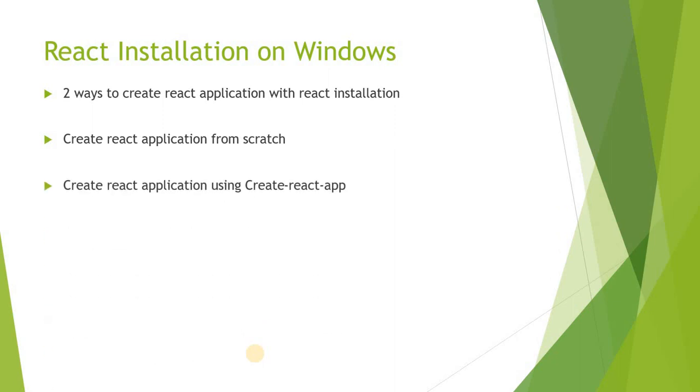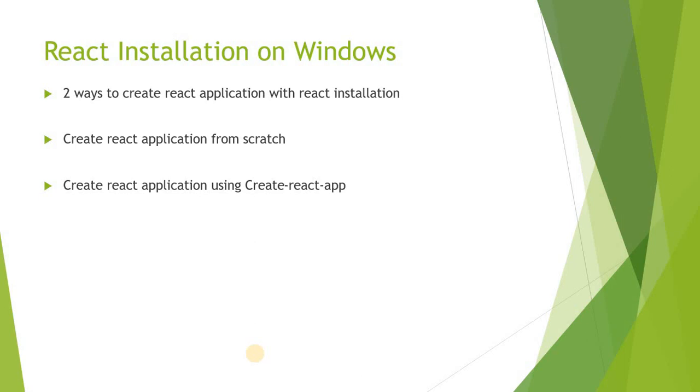The second method is with the help of a template that is available. You can directly install it, and with the help of this template you can create your React application. It simply provides a ready-made application, so you directly run it using a specific command.